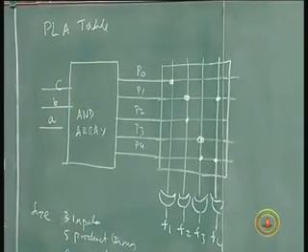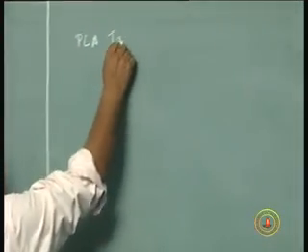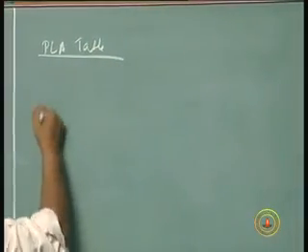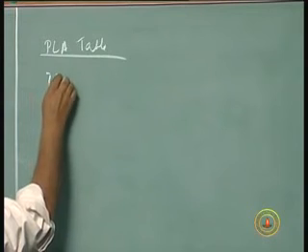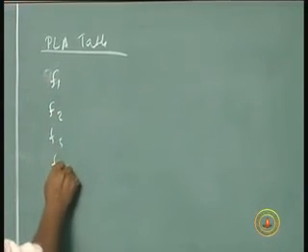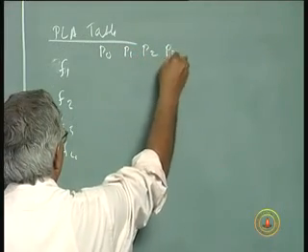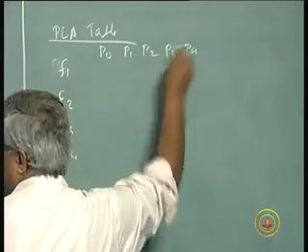I will write the PLA table for this function. The PLA table would have F1, F2, F3, F4 and P0, P1, P2, P3, P4. We have only this much.